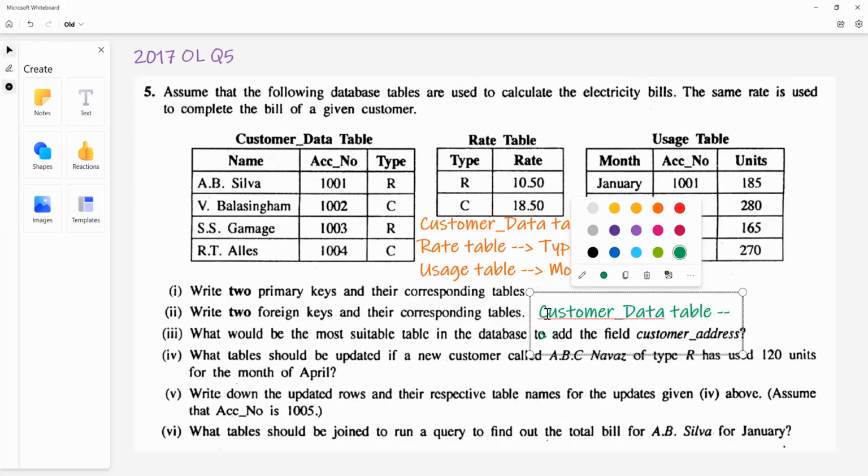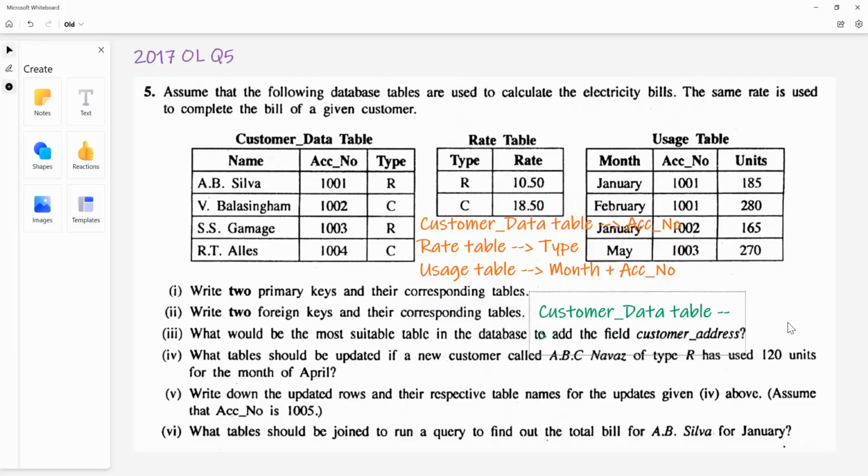We have one foreign key. What was the foreign key now? Not account number. Type. It should be type. Yes, exactly. So type is a foreign key. It's common with the rate table, and it connects to the primary key of the rate table.